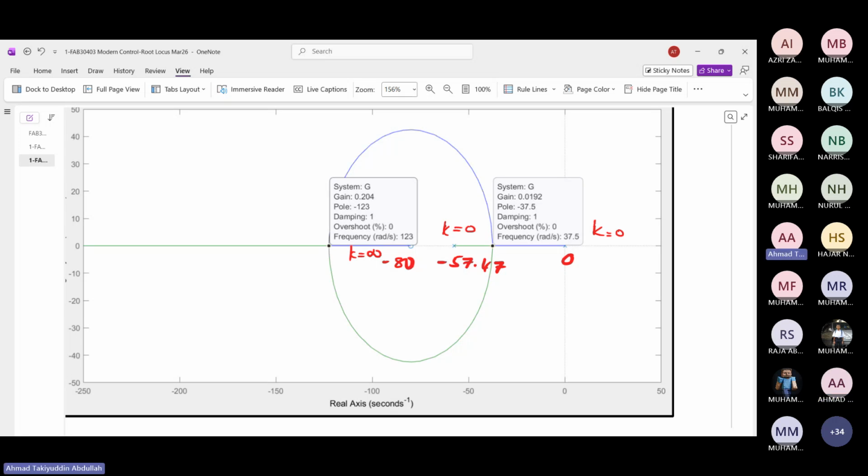Then we know that in the definition of locus, there will be the plot that reflects the variation of k from 0 to infinity. What we have was just a straight line to represent the real axis segment when we consider up to rule number 4 or step number 4.